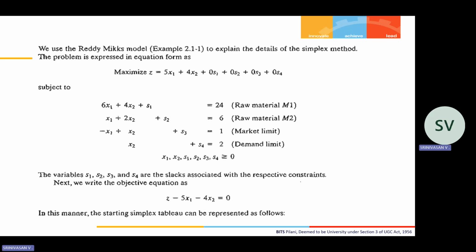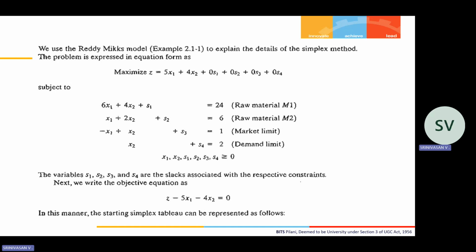We had used it in showing as an example to solve by graphical method, and now that we are again taking up the same problem to solve by simplex method. Okay, you can even compare the results. You will be getting the same. We use the ready mix model to explain the details of the simplex method.